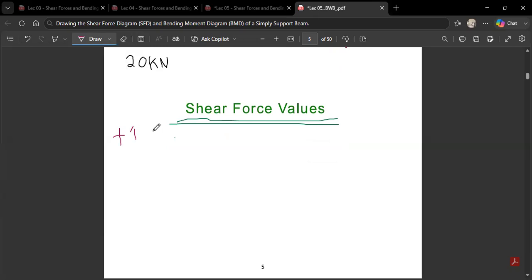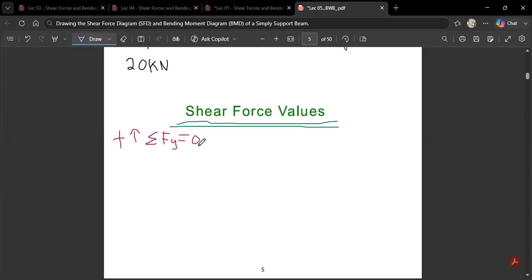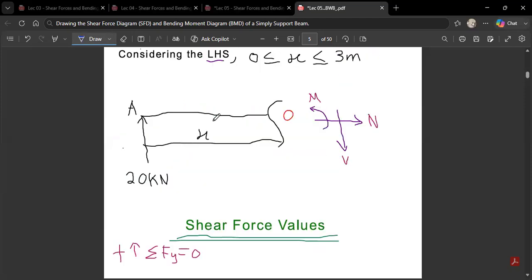In other words, sum of all forces that are moving in the y-axis should be equal to what? 0. Good. Look at the cut that we took. Now that is what we are going to focus on for our calculations. Look at the cut that we took.